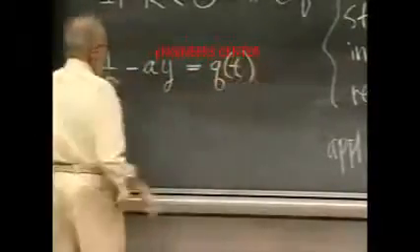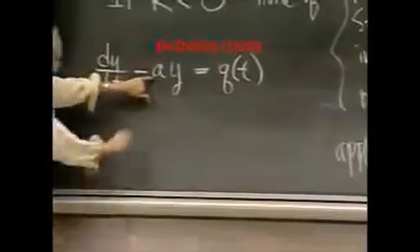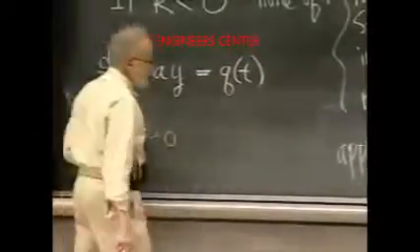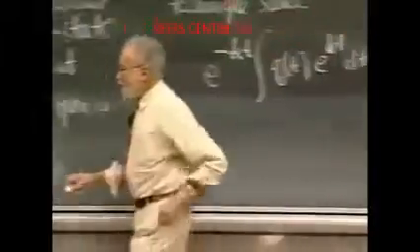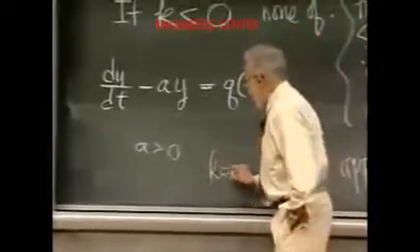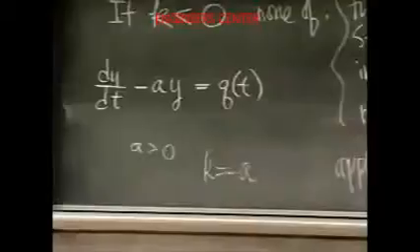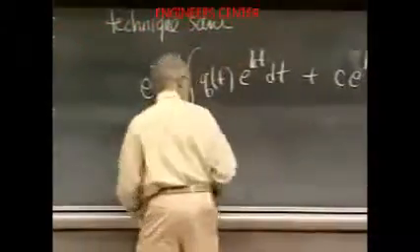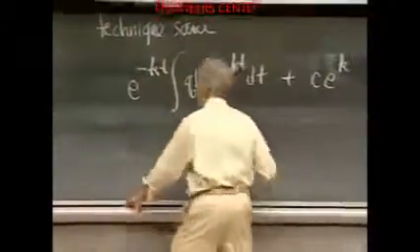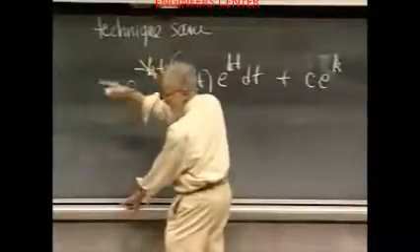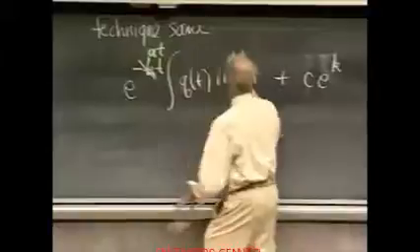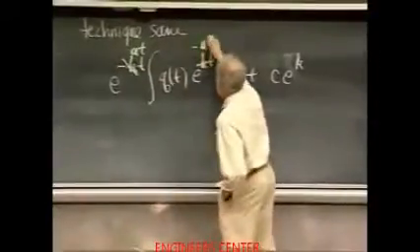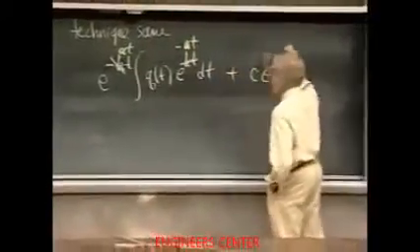A is a constant, but the constant a is positive, so the constant here is negative. Then when I solve, my k is now properly written as negative a, and therefore this formula should now become, with negative k being a, e to the at here, and negative at there.